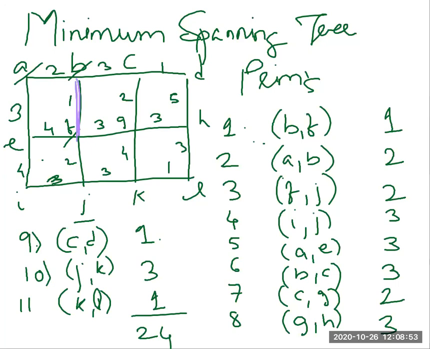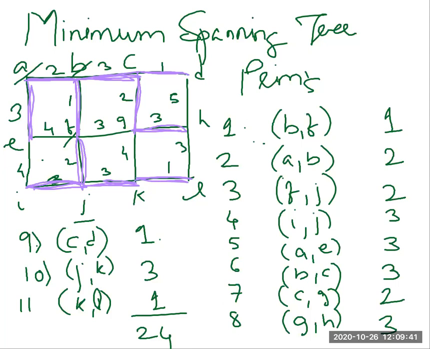B to F. Then the next edges selected were A to B, F to J, I to J, A to E, B to C, C to G, G to H, C to D, J to K, and K to L. So this forms a minimum spanning tree with weight 24 using Prim's algorithm.